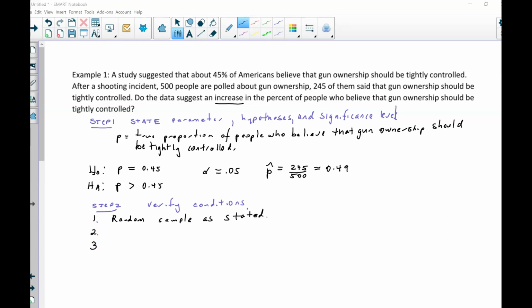So the first is that it's a random sample. And initially it said as stated, but I think it's assumed because I don't see them directly stating it in the problem.